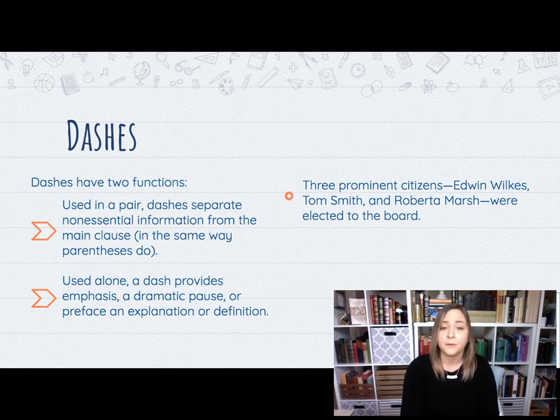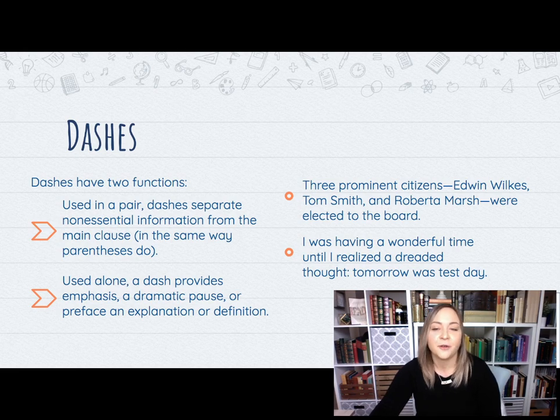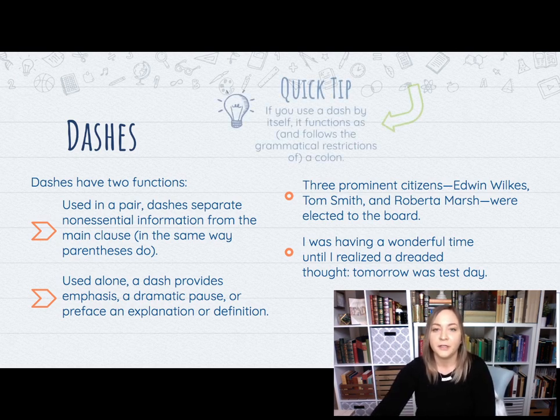So let's look at this example. I was having a wonderful time until I realized a dreaded thought. Tomorrow was test day. Okay, so in this example down here, guys, there's supposed to be a dash, okay? So I realize that there is a colon, okay, because their function is the same. So going in there, I must have just naturally typed a colon, okay?